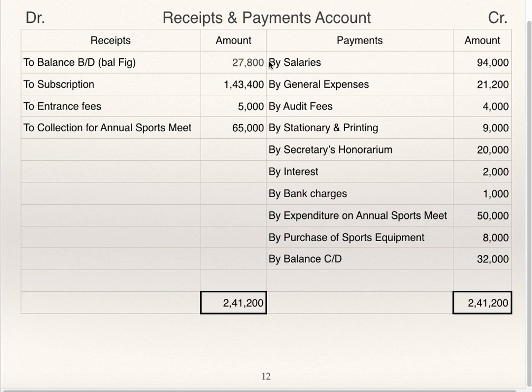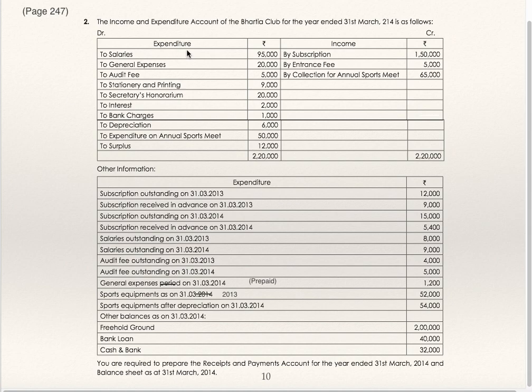Receipt and payment account. See, in the income and expenditure account, expenditure side: salary, general expenses, audit fees. These three will change. Just now I have shown you the working notes. Printing stationery, secretary honorarium, interest, bank charges will be the same figures. Depreciation will not be recorded in the receipt and payment account on the payment side.